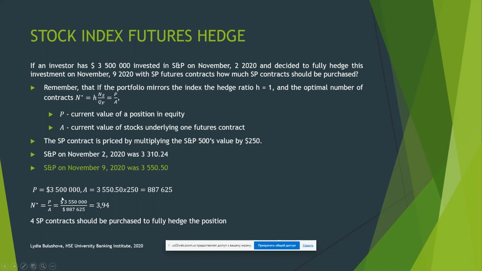So this is my portfolio. This is the current value of stocks underlying one futures contract. One futures contract has a multiplier, 250. That's the index value on November the 9th, 3,550.50. We multiply, we receive this number. We put this number here.